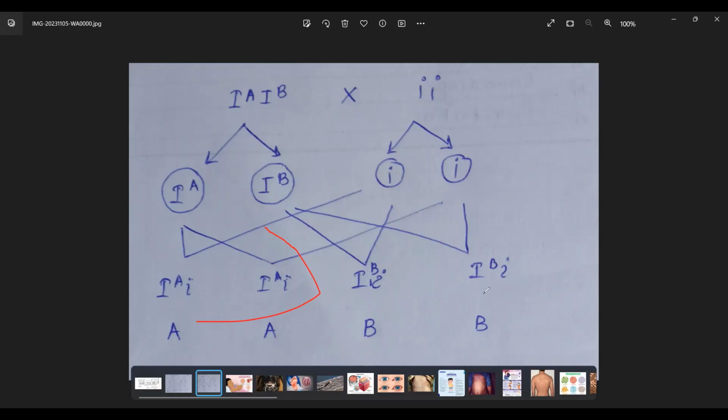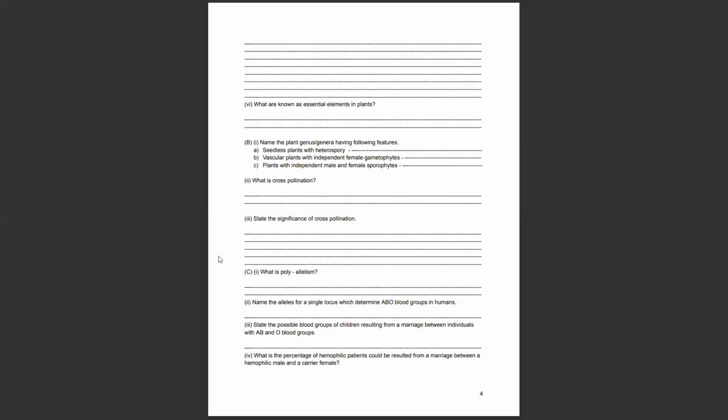So A and B blood groups. Okay? Right. A and B blood groups. Give 2 marks.